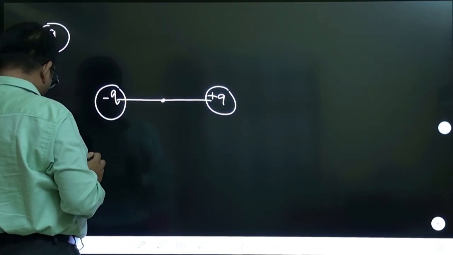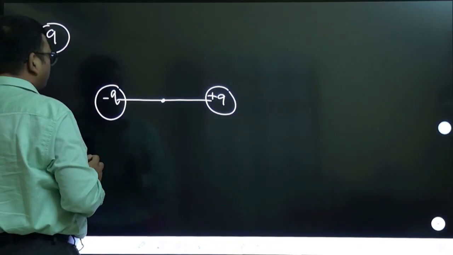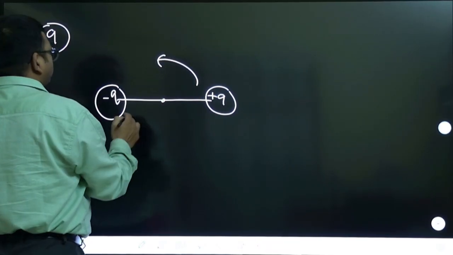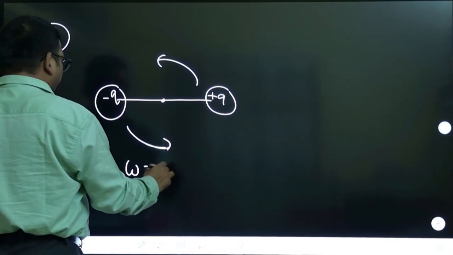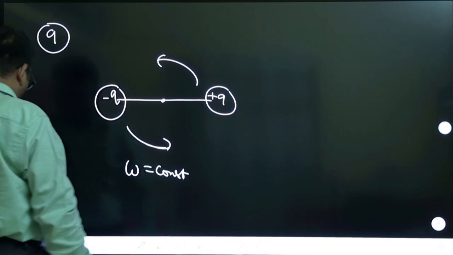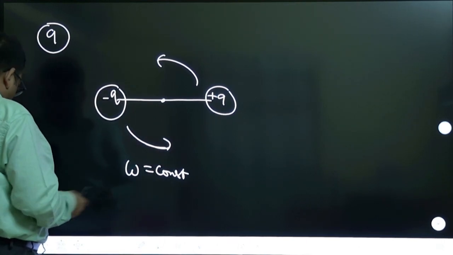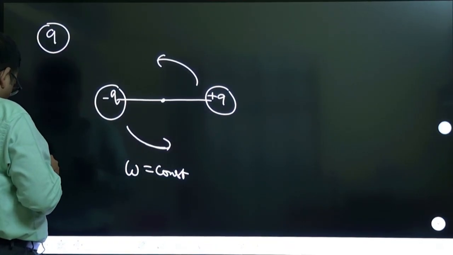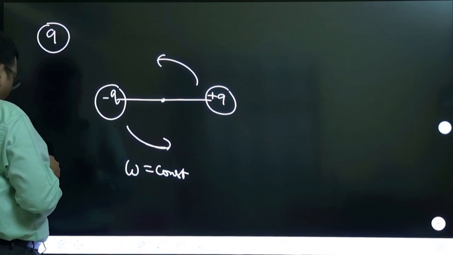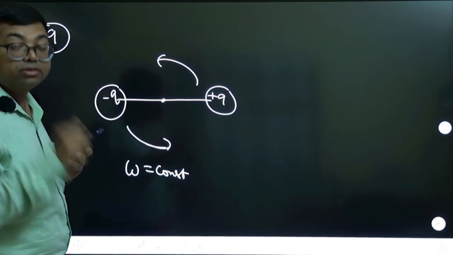Suppose this is going, let us say, like this, it is rotating. And they are saying angular velocity is constant. Angular velocity is anti-clockwise and it's a uniform angular velocity. Magnetic field is there, which is in the direction of angular velocity. So magnetic field is in the direction of angular velocity.